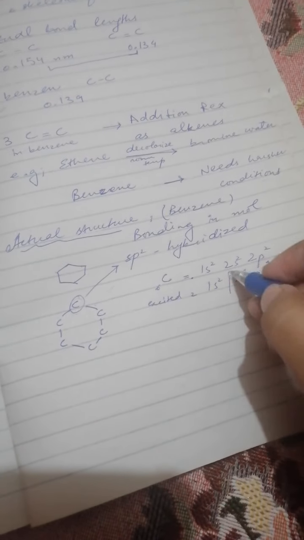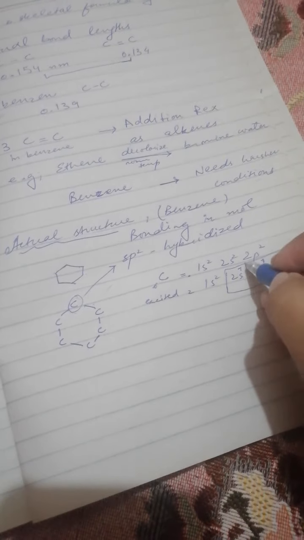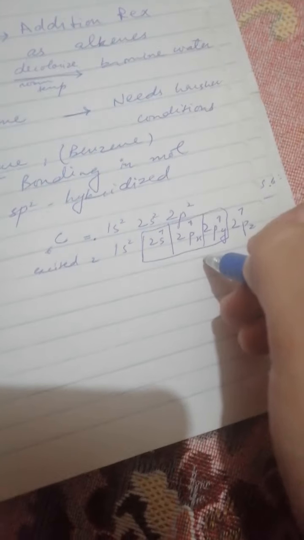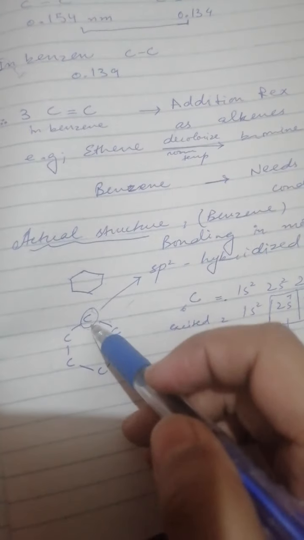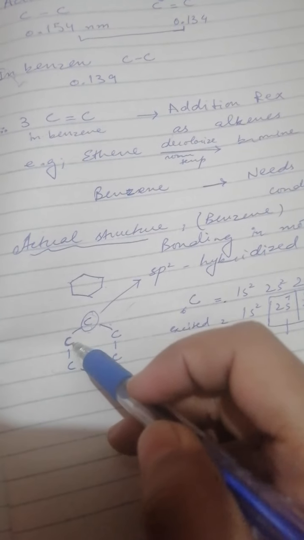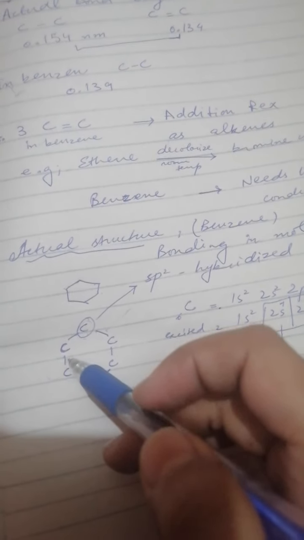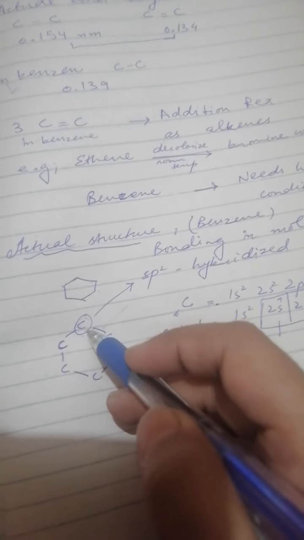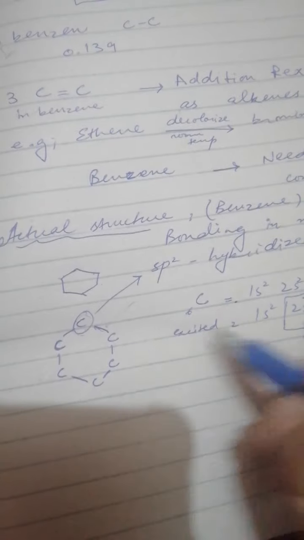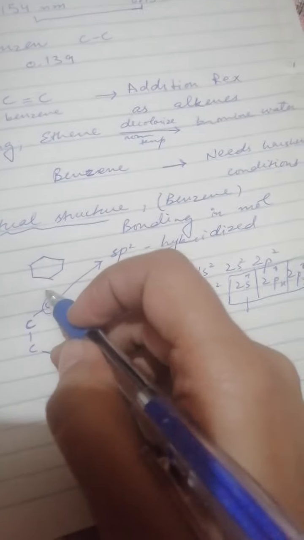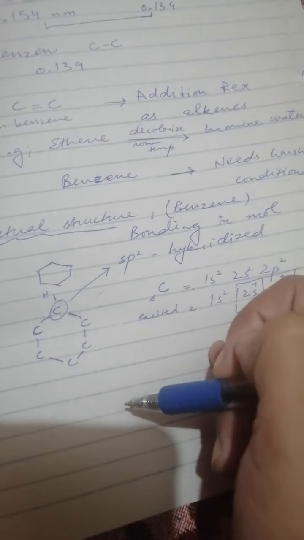So this is sp2 hybridization, one s and two p's. One electron is shared with one neighboring carbon atom, another electron is paired with the other neighboring carbon atom, and the third electron is paired up with hydrogen.